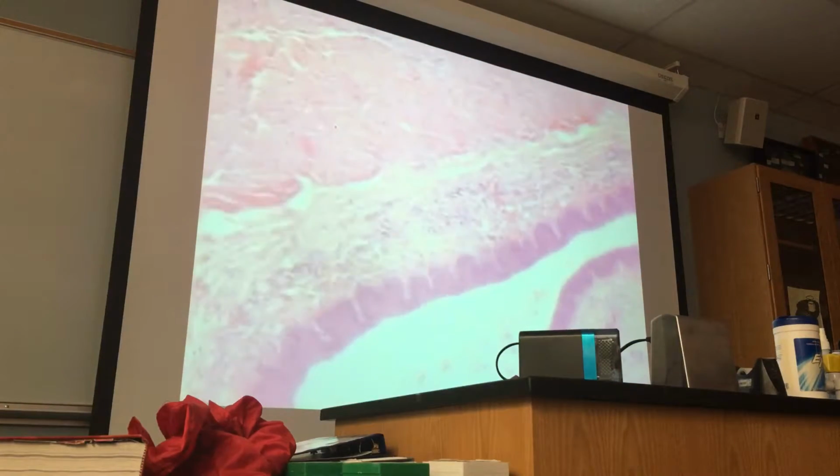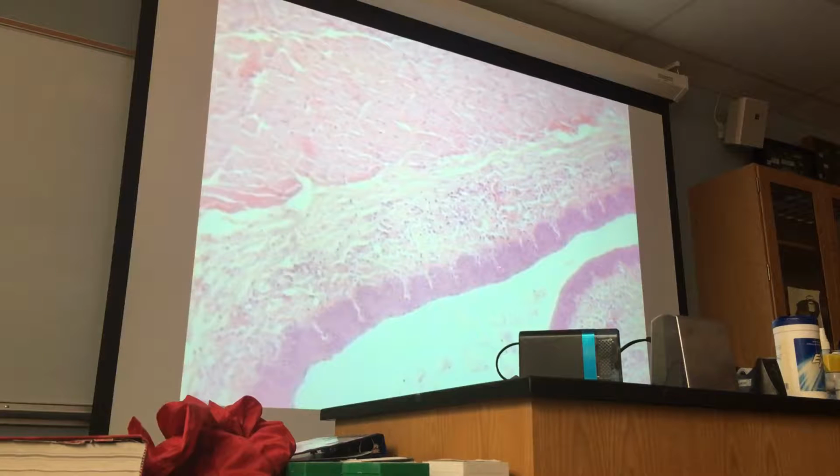If you go to the next higher magnification, you can see the epithelium more clearly, isn't it? And I might point with a pointer.